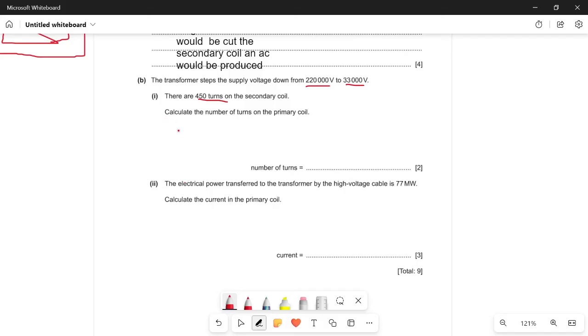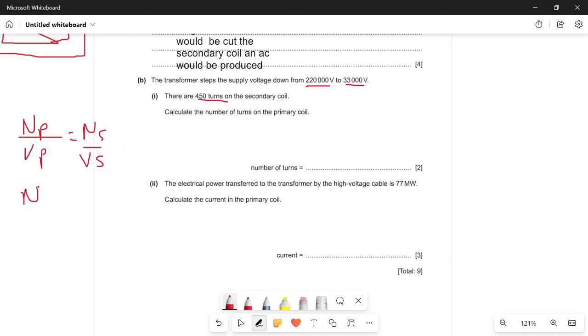So the formula is NP over VP is equal to NS over VS. So NP represents the turns in the primary coil, VP represents the voltage in the primary coil, and then NS represents the number of turns in the secondary coil, and VS represents the voltage in the secondary coil. So we just plug in the values.